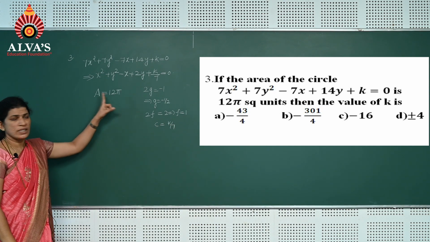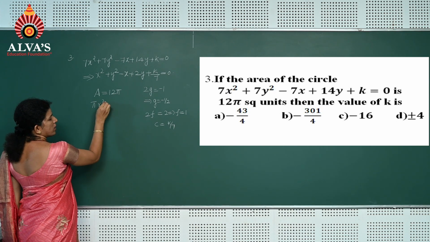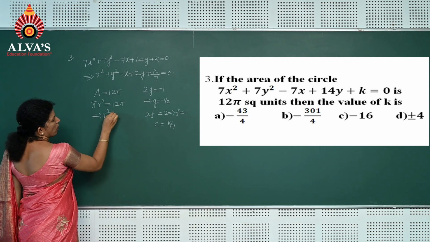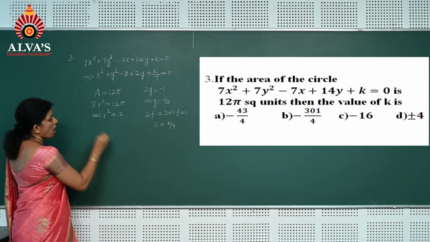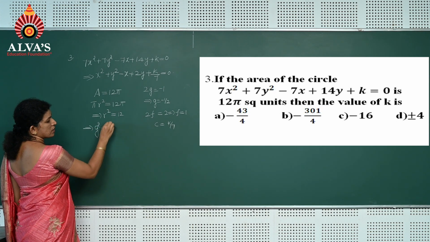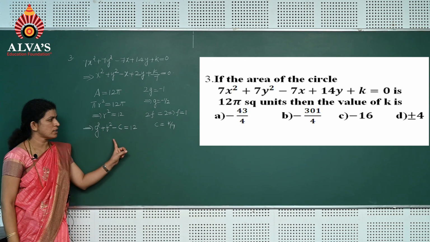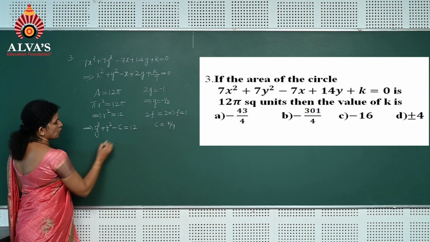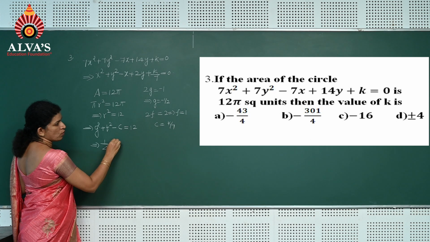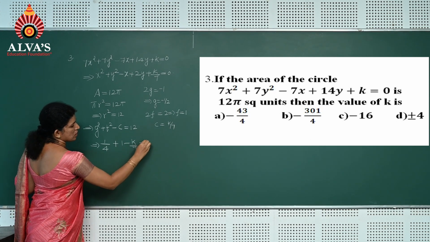Now the area is given, that is 12π. We know the area of the circle is πr² = 12π, so that r² = 12. r is nothing but the square root of g² + f² - c, so that r² = g² + f² - c, which is equal to 12. Substitute everything. g is -1/2, so it is 1/4 + 1 - k/7, that is equal to 12.